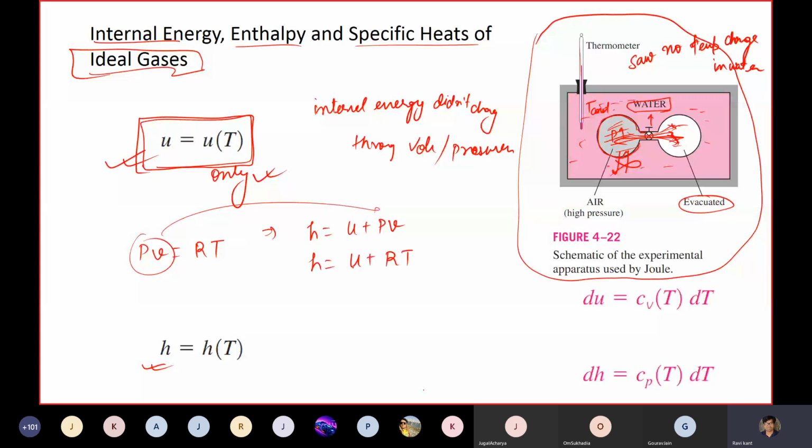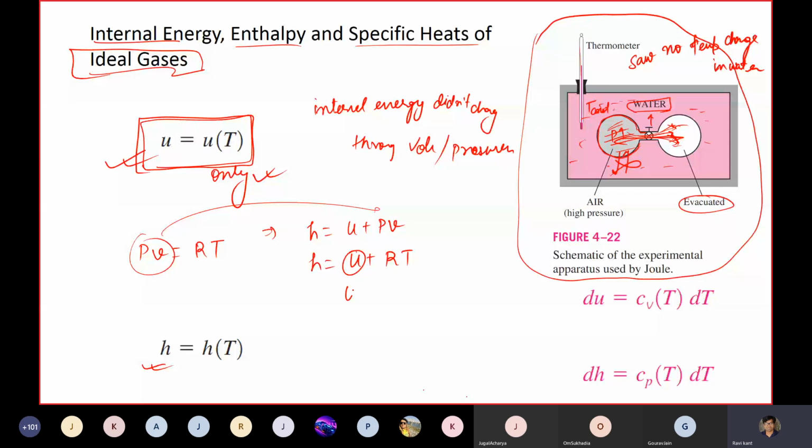This is a function of temperature only, and this is constant, and this is again temperature. So H is again a function of temperature only. These are two strong statements that were made. Internal energy is only a function of temperature.